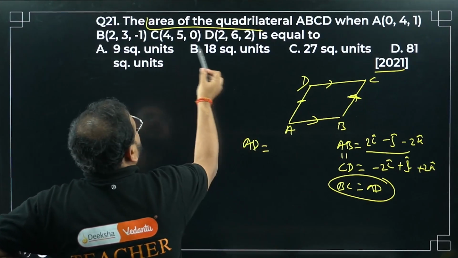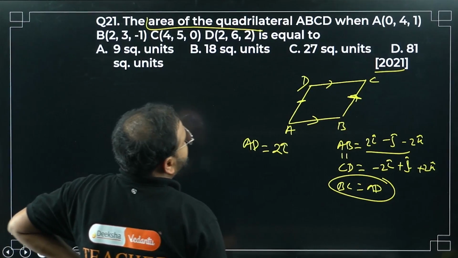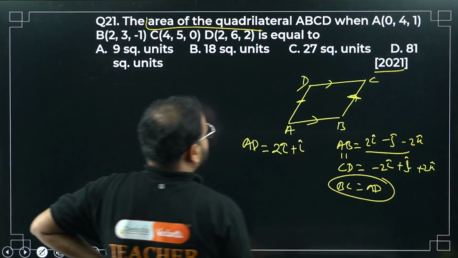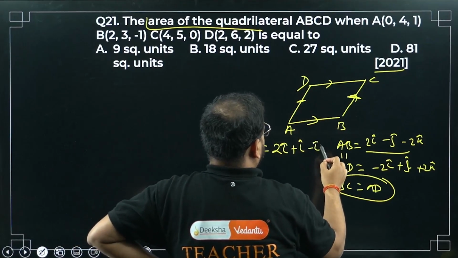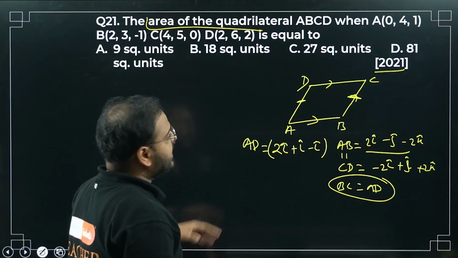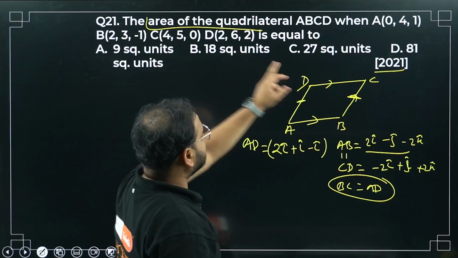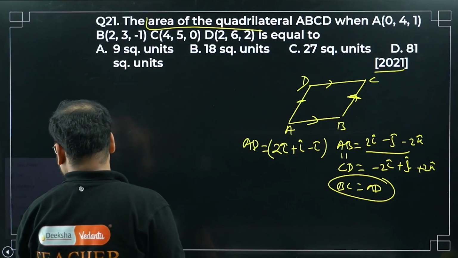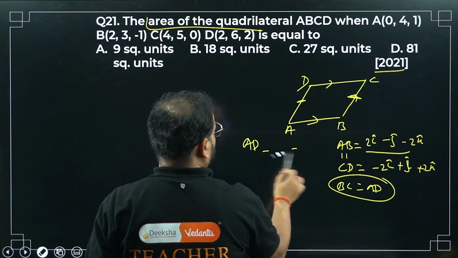Check here. 2 minus 0, so 2 i cap. 5 minus 4, so plus 1 j cap, and 0 minus 1, so minus k. Please check. AD, so D minus A: 2 minus 0, so 2. 6 minus 4, so 2.